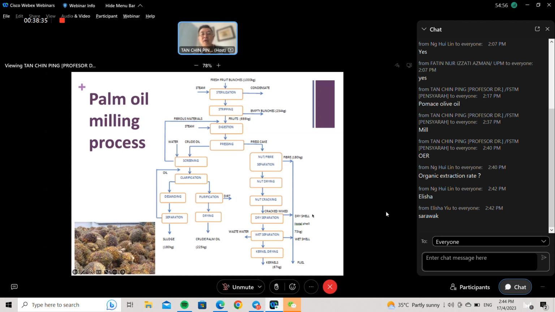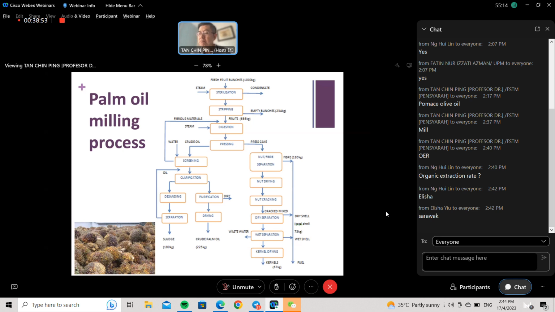So they are going to take some of those oil from sludge and put it back into crude oil, and that eventually causes the crude palm oil quality to drop drastically because they already mix with some contaminants.